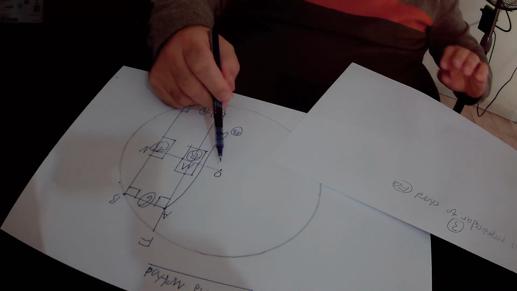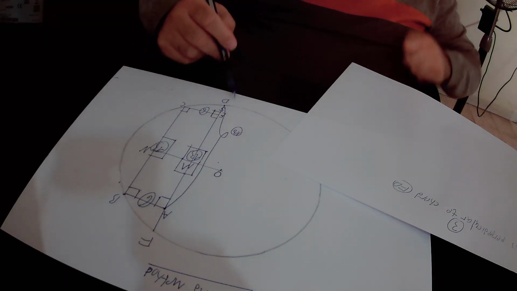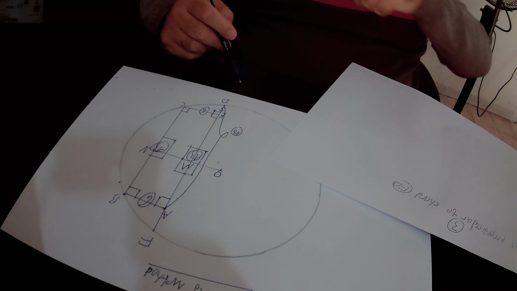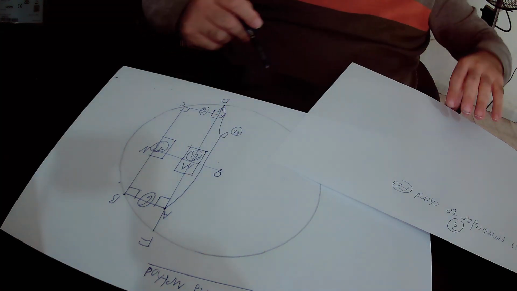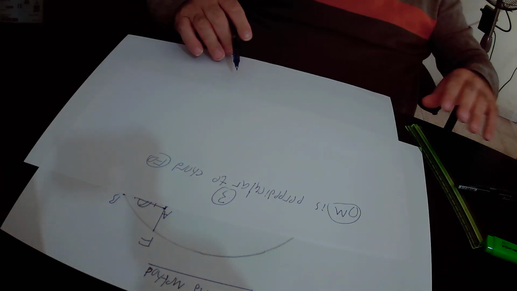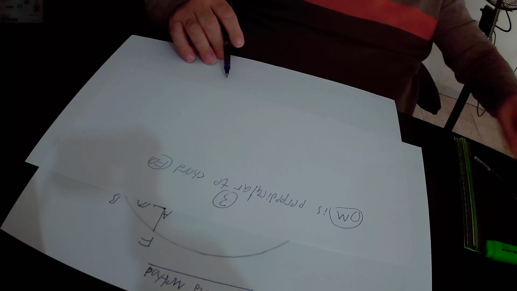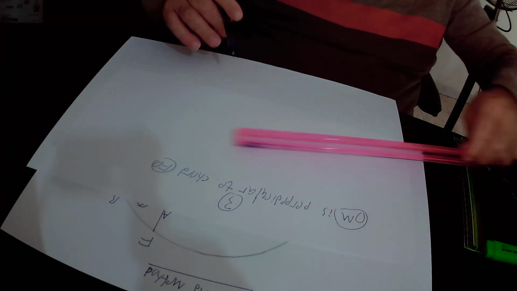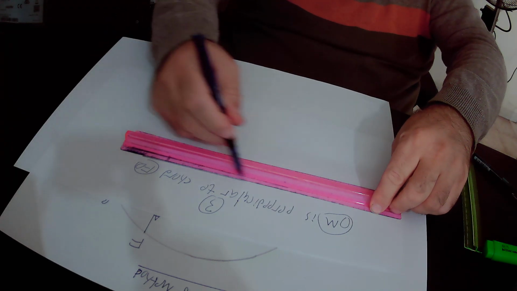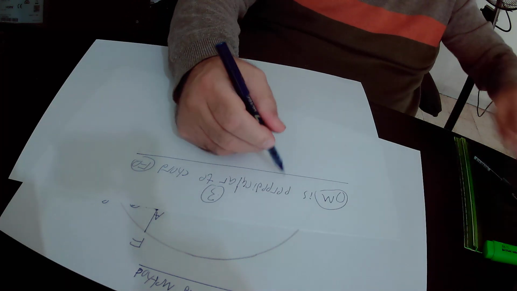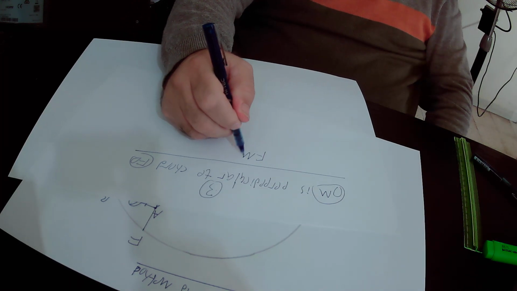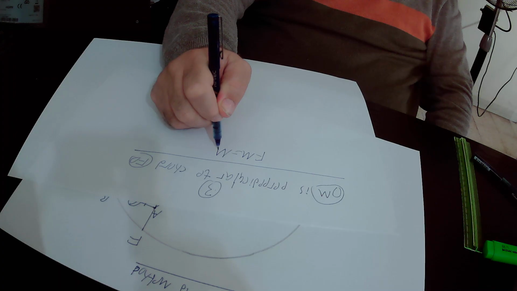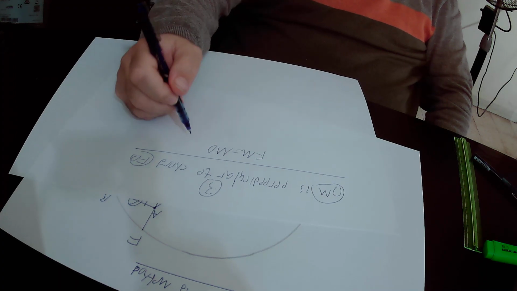That is to say, FM equals MD. FM equals MD according to rule number 2.